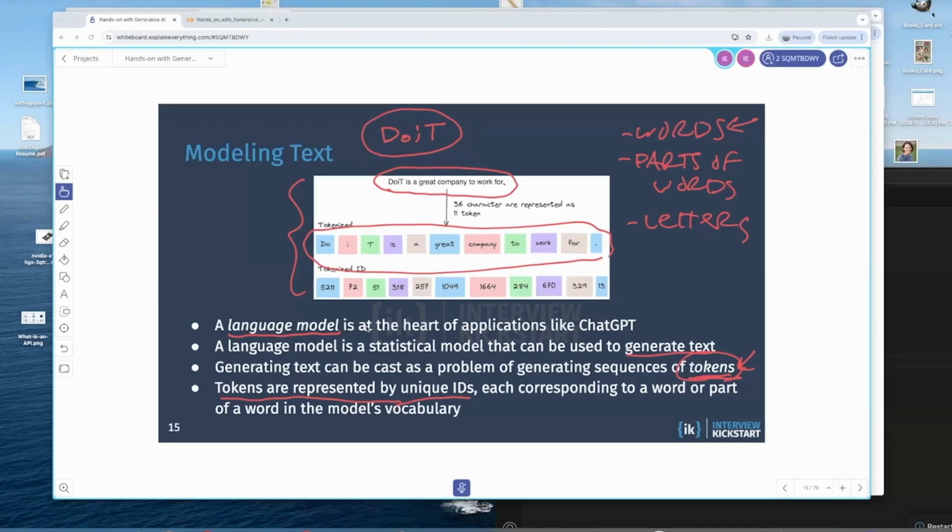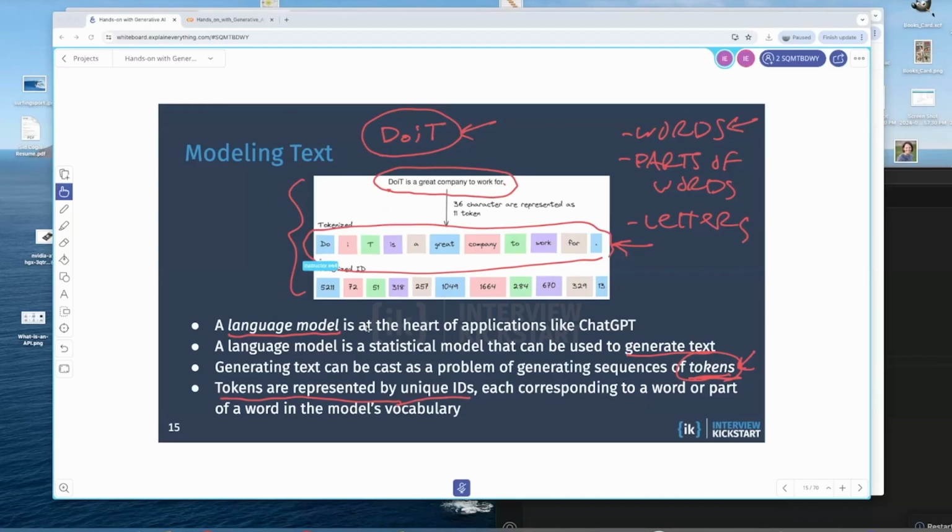But my tokenizer should be able to break a name like that up into individual components that are still parts of my vocabulary, even if they're individual letters, right? And so down here we see the tokenized version of this sentence.